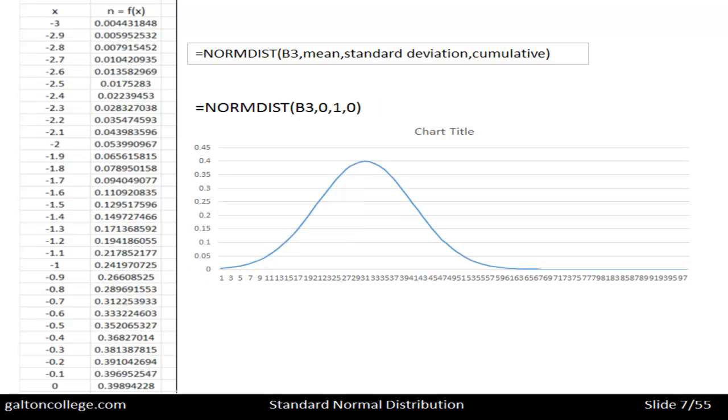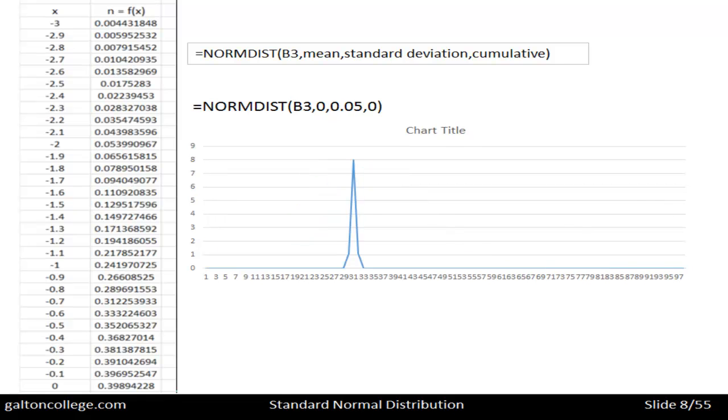By the way, if we change the standard deviation from 1 to 0.05, you'll see it's much more focused in on the mean. The standard deviation is a lot smaller, so it's not as spread out. The bigger the standard deviation, the more the distribution is spread out.